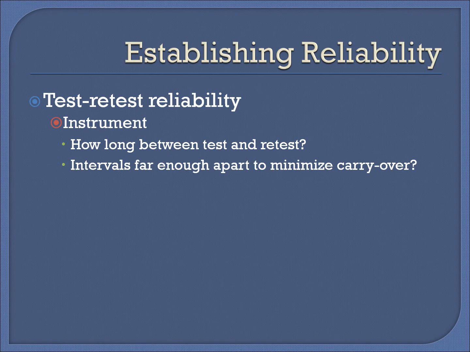Let's begin by discussing the concept of test-retest reliability. This really relates to the reliability, or how stable an instrument is over a period of time, assuming that the population that you're evaluating has not changed.